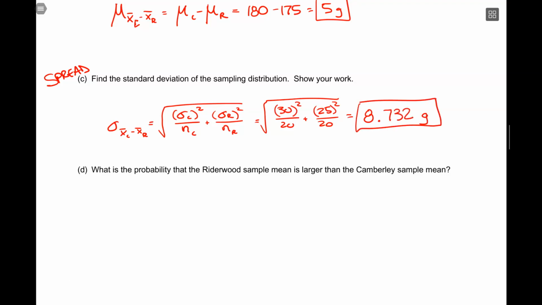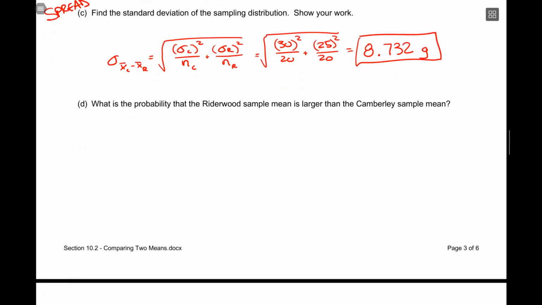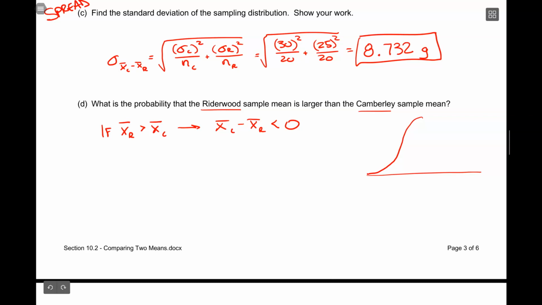All right, now let's do a quick little application here. What is the probability that the Riderwood sample mean is larger than the Camberley sample mean? Well, in order for that to occur, if the Riderwood sample mean is greater than the Camberley sample mean, then x sub c bar minus x sub r bar should be less than 0. Well, remember, what we have here is a sampling distribution of that statistic x sub c bar minus x sub r bar.